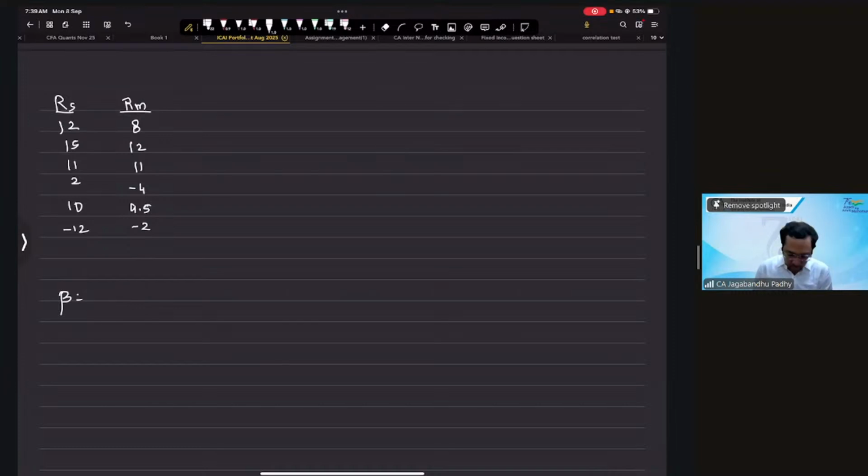To get the value of beta, you do n summation of RM into RS, which is return of market times return of security, minus summation of return of market into summation of return of security, the whole divided by n summation of return of market square minus summation of return of market, the whole square.